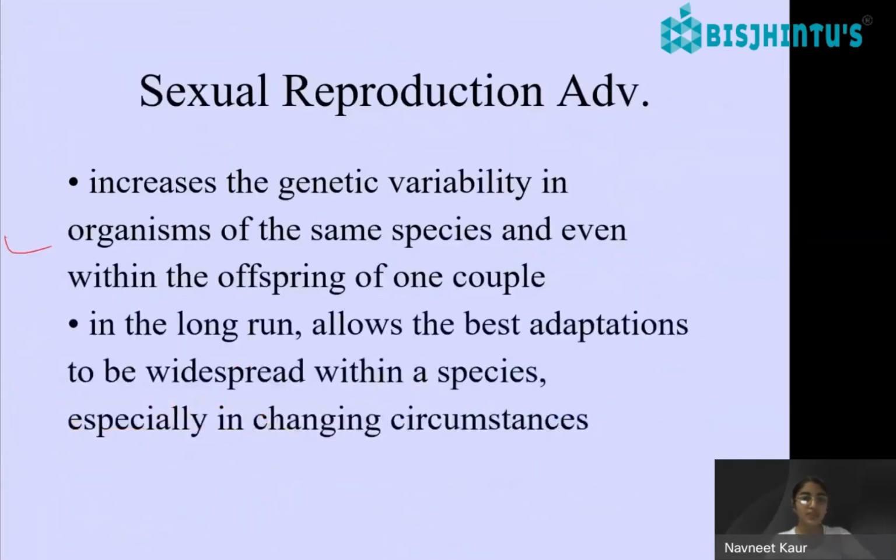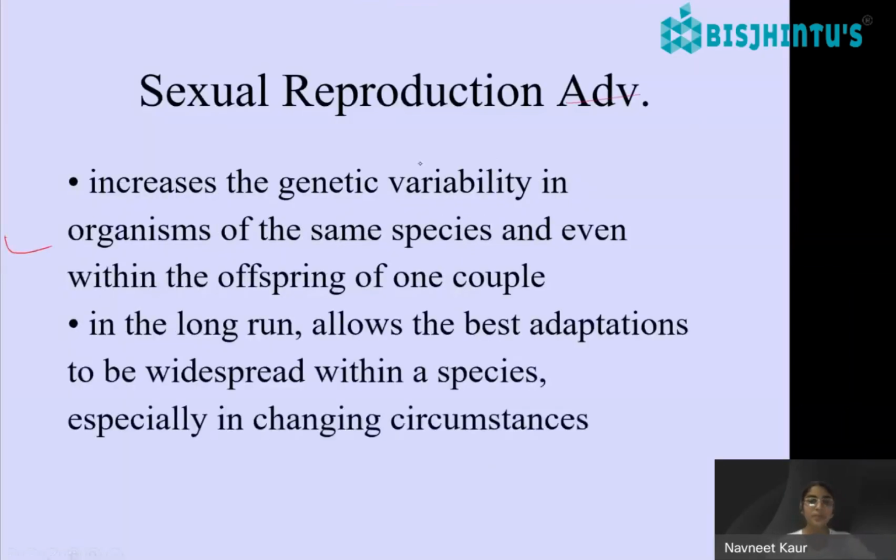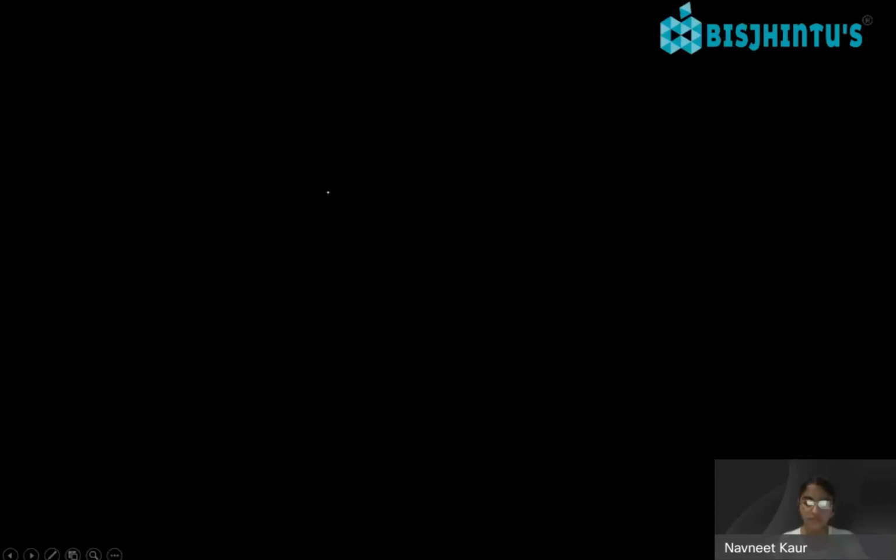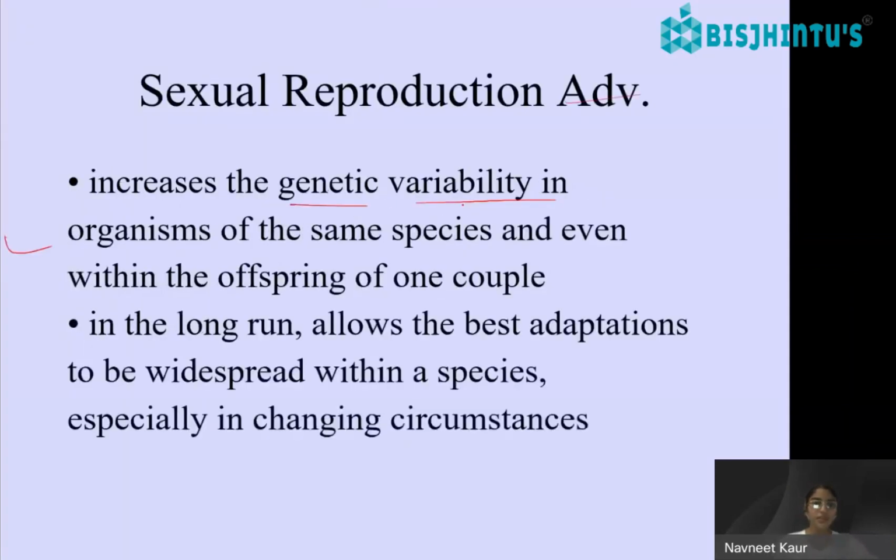Okay, so next we have the advantages of sexual reproduction. The first one is to increase genetic variability, in the organisms of the same species and even within the offspring of one couple.